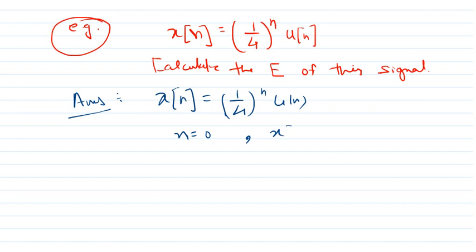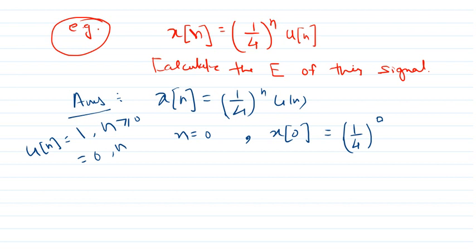What is x0? For n equals 0, the value of this signal is 1 by 4 raised to the power 0. And what is un? un equals 1. What is the definition of un? un equals 1 for n greater than or equal to 0, and it is 0 for n less than 0.